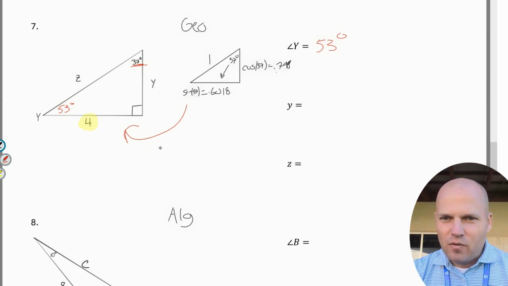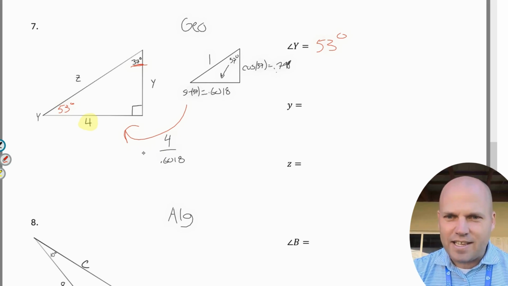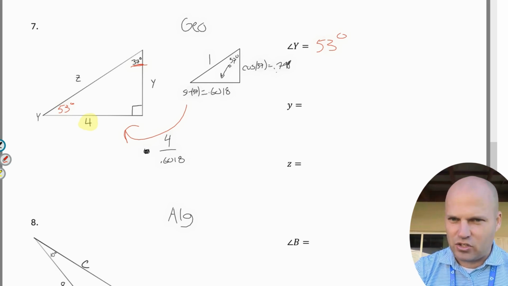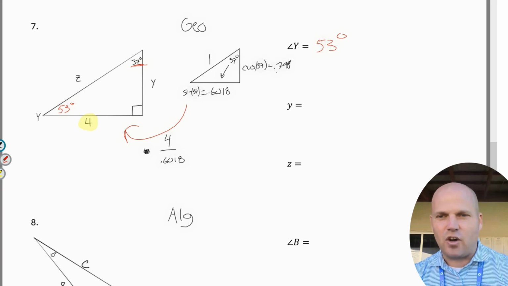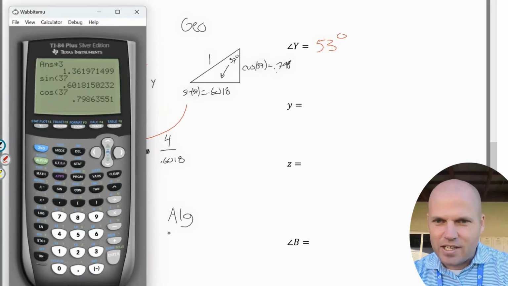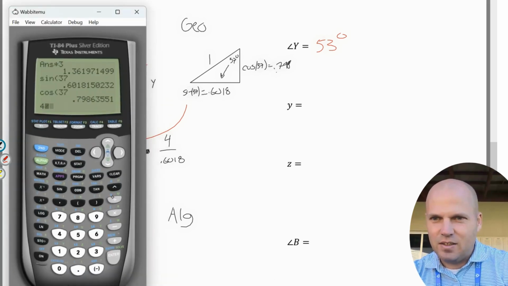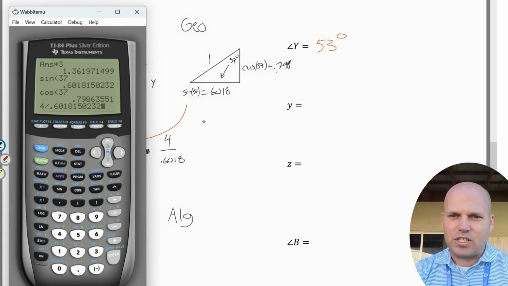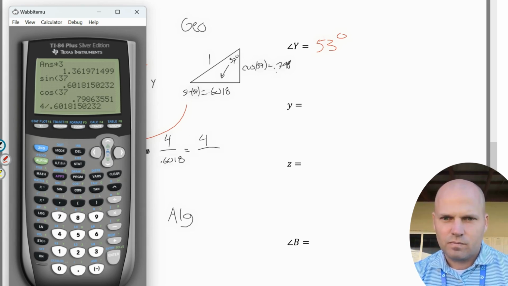So 4 divided by 0.6018 is how many times bigger this triangle is compared to this triangle. So that's our scale factor. It ends up not being a nice number, sure, but that's what we got. 4 divided by the sine of 37. Cool. That's our scale factor.